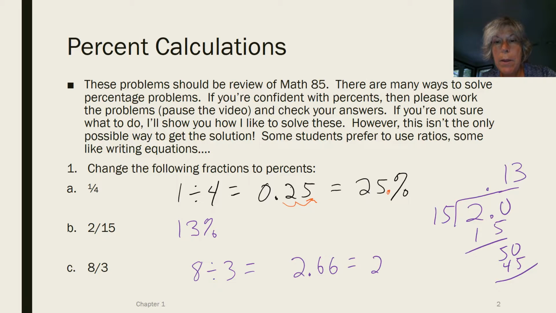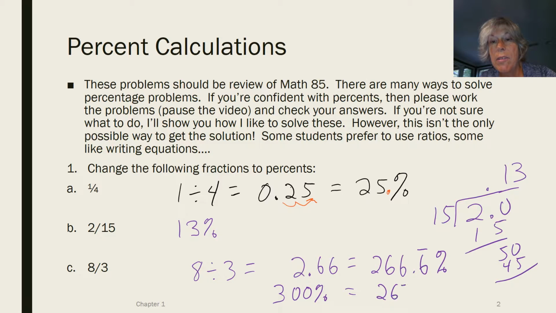Moving the decimal over 2 places to the right, you'd get 266.6 repeating as a percent, which, if you were rounding to sig figs, you'd round to 300%. But sometimes we want a more accurate answer, so I would suggest rounding that to 267%. You notice this percent is over 100% because this is a fraction that's bigger than 1.